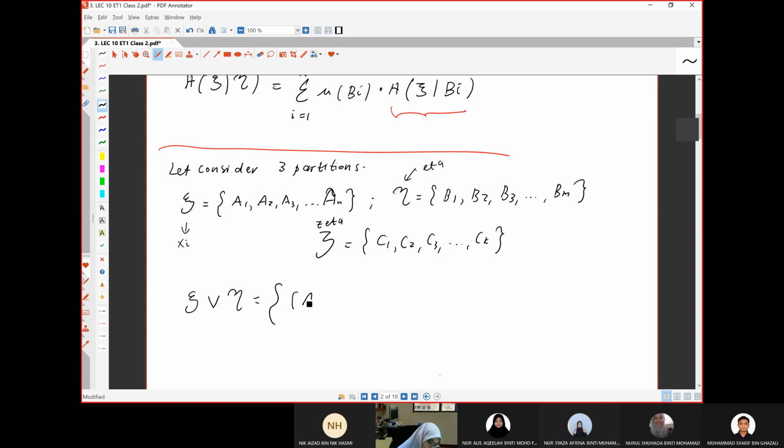So we have A i intersect B j, where i runs from 1 until n, and j runs from 1 until m.